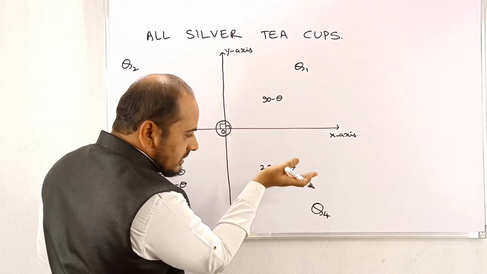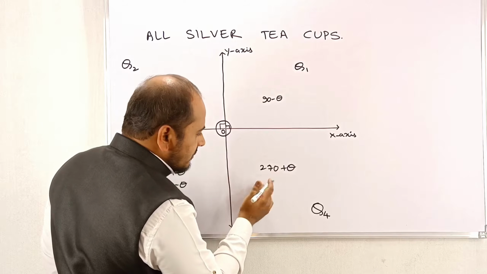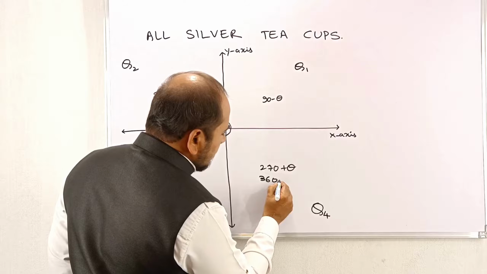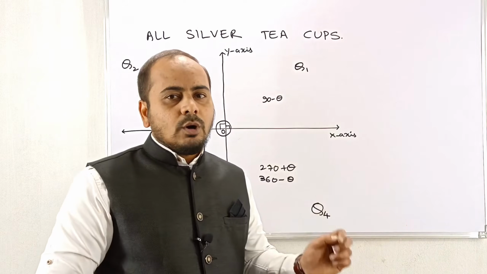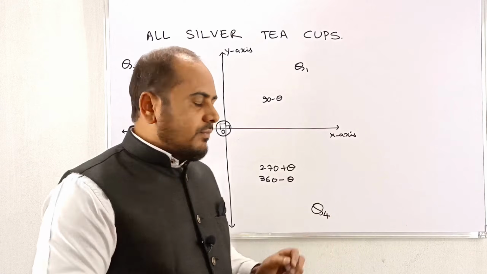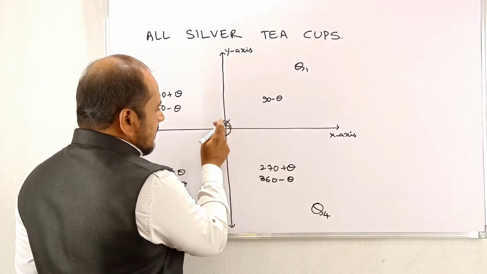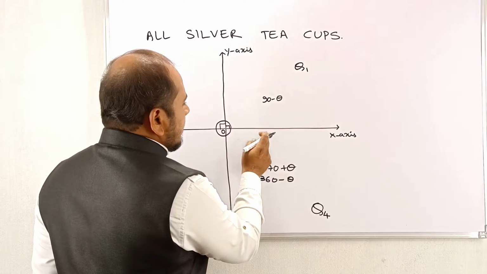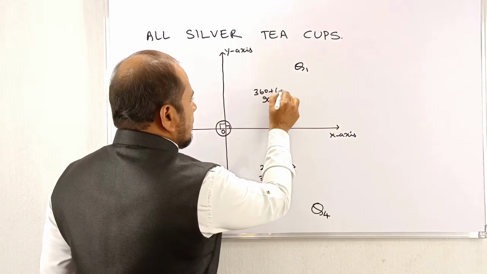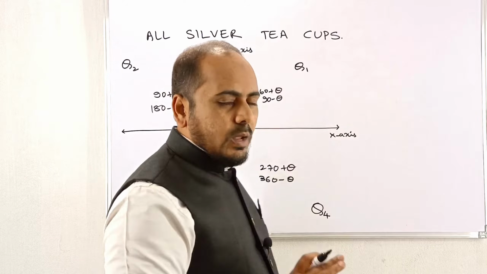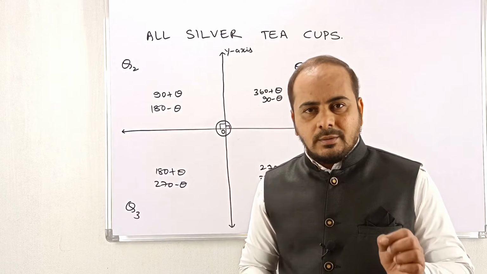So for an angle less than 360, 360 minus theta will represent the fourth quadrant. In the same way, as we discussed, a complete rotation makes 360, then 360 plus theta will fall in quadrant 1. Hope you understand, my dear.